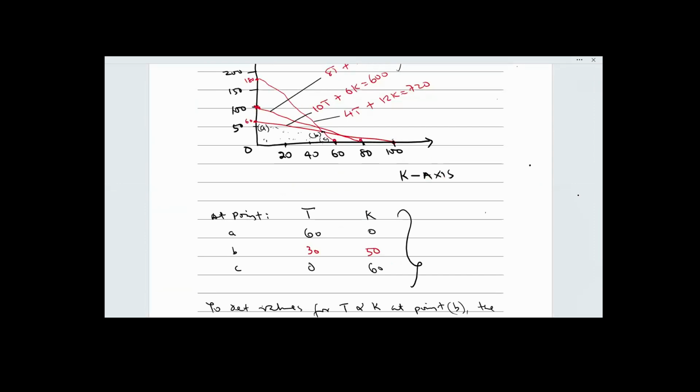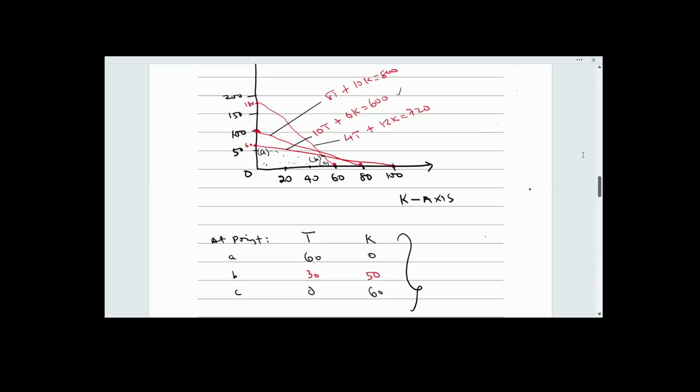Yes, sir. So these are the numbers that we are going to use to determine the optimal solution. Like I was saying, when you are maximizing, because in this question the examiner wants us to maximize contribution, all you need to do is to identify the points of intersection.